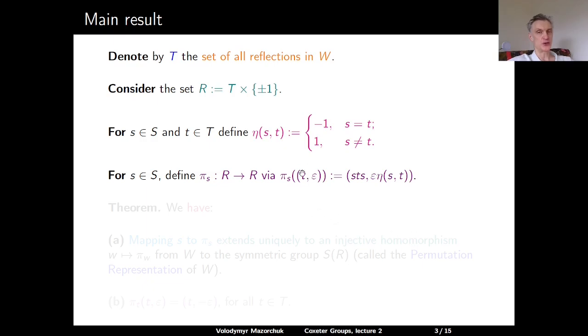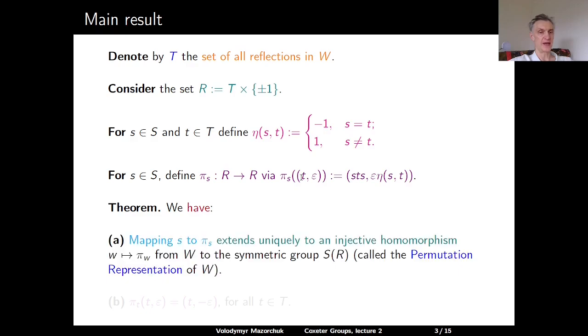So we conjugate the reflection, which is the first argument of our pair, by the element s, and then as the sign, the second element of our pair, we just multiply with this eta_{s,t}. So we change the sign if s is equal to t, and we don't do anything to the sign otherwise.